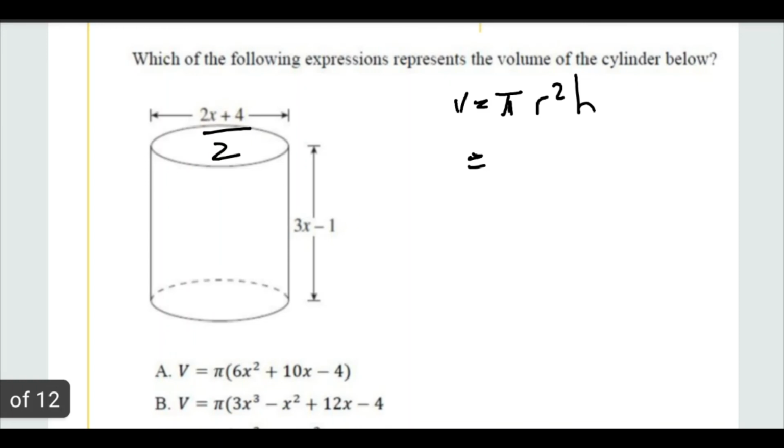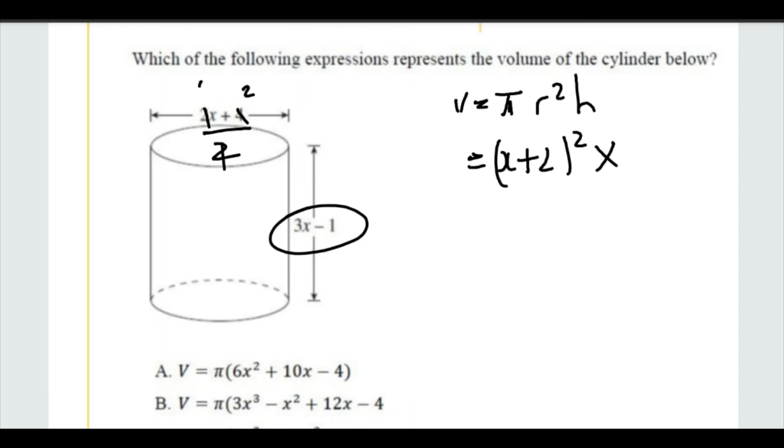When we divide that by 2, it's x plus 2. So it's x plus 2 squared multiplied by the height, which is this here, 3x minus 1.